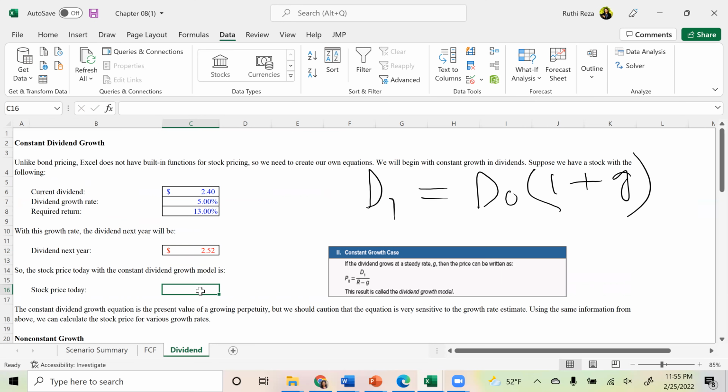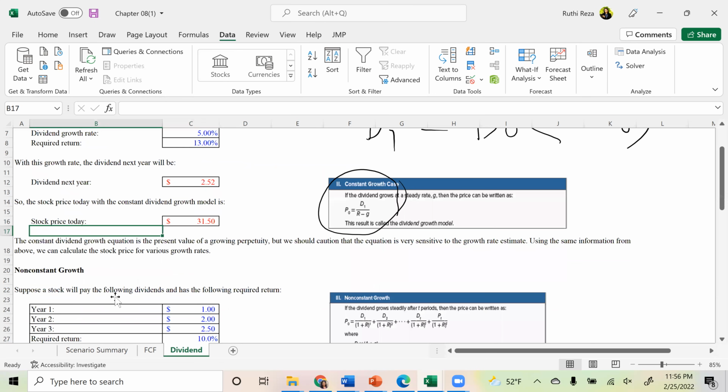So it is a constant dividend growth rate problem. So we are going to apply this constant growth rate formula to calculate stock price. Equal dividend in the next year over the difference between cost of equity and long-term dividend growth rate. So our stock price today should be $31.50.